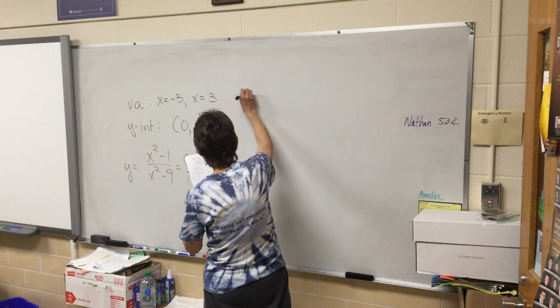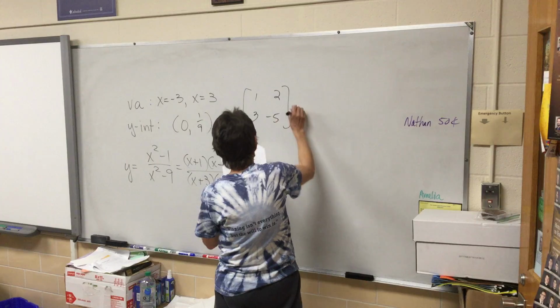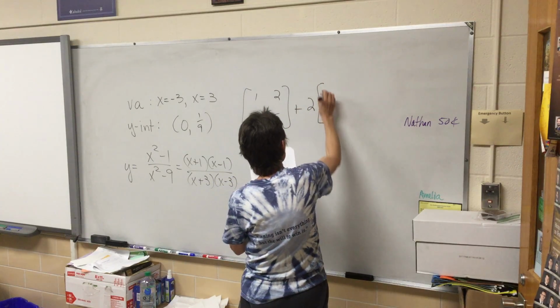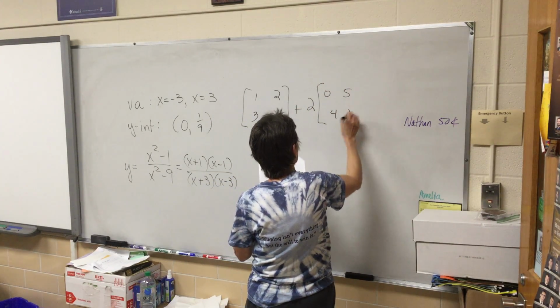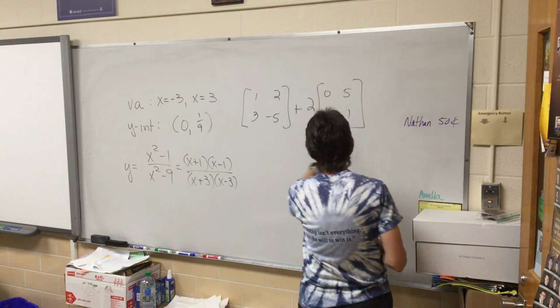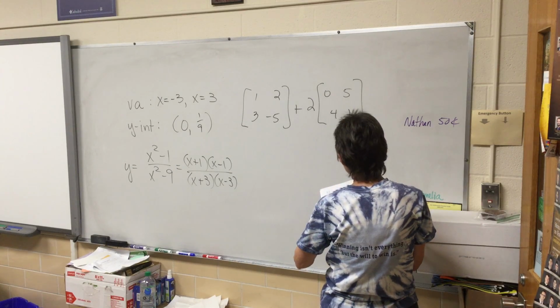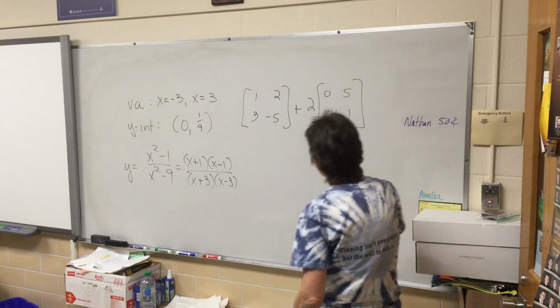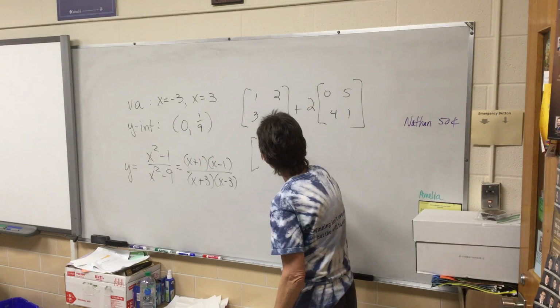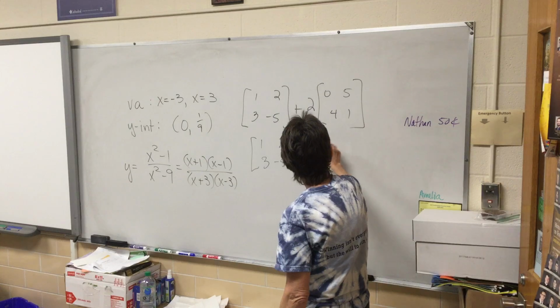We're going to do A plus 2B. And that is definitely doable because these are the same size. And remember, for addition, they have to be the same size. All right, so we're going to add 1, 2, 3, -5, plus 2 times 0, 10, 8, 2.